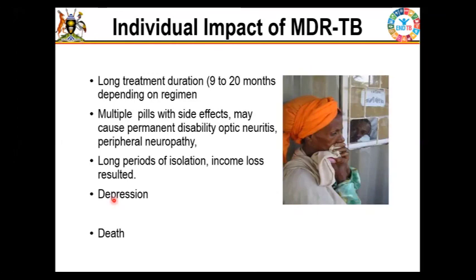When I say 5 to 7 drugs, I mean bedaquiline can have 4 tablets, levofloxacin 4 tablets. In other words, each of the drugs may be 4, 4, 3. That's a full handful. They have side effects, and they may cause permanent disability: neuropathy from linezolid, blindness from linezolid.